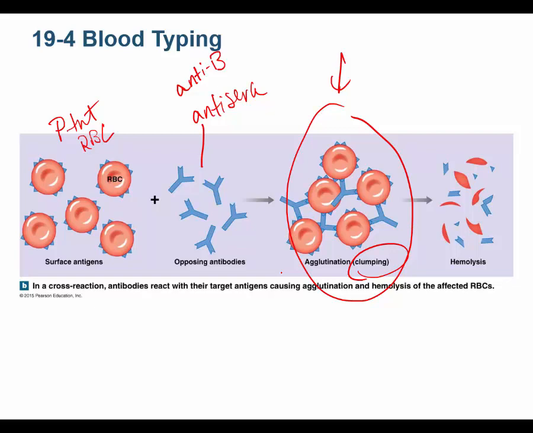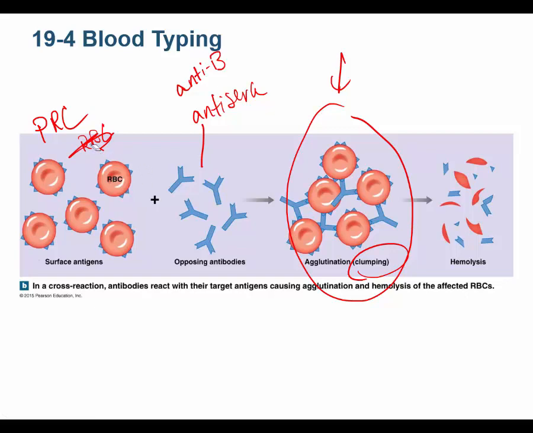But this picture also shows me something else. It also shows me why it's important to transfuse the correct unit of blood. Because if I were to give packed red cells, this is not patient RBCs anymore. These are packed red cells, a unit of blood ready to be transfused.